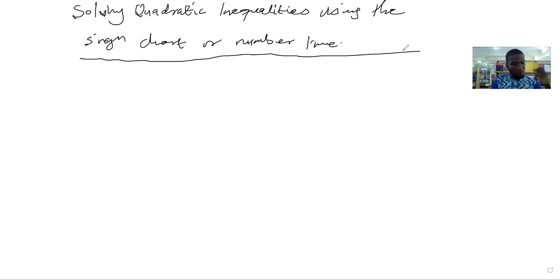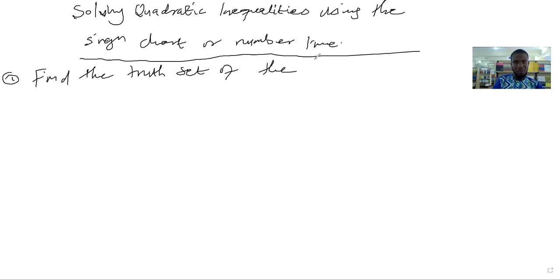Find the solution set of the inequality 3x squared plus 5x minus 2 less than 0.